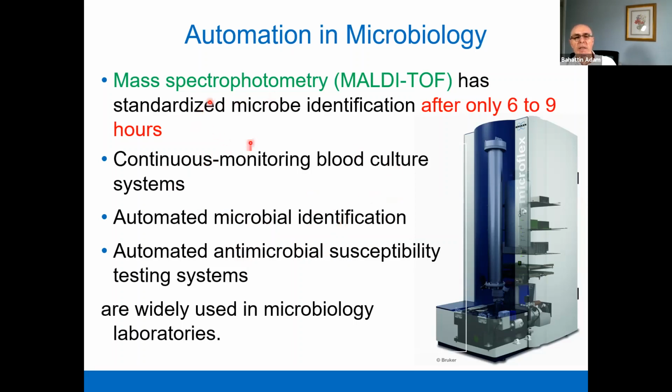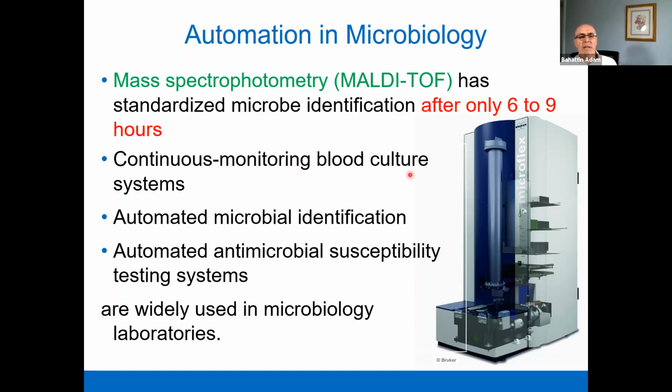Mass spectrometry, MALDI-TOF, has standardized microbe identification after only 6 to 9 hours. Okay, with the traditional methods, we need 3 days, 5 days to identify microorganisms. But with MALDI-TOF, you will be able to identify microbes in 6 or 9 hours.